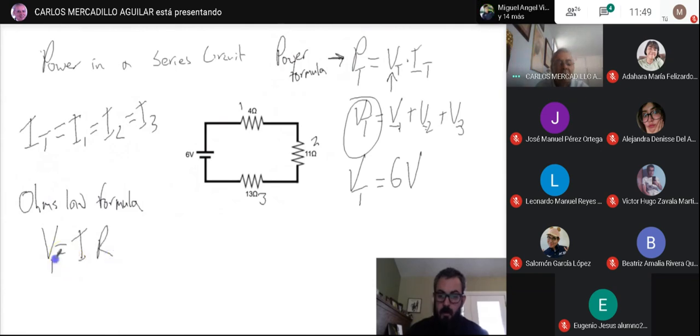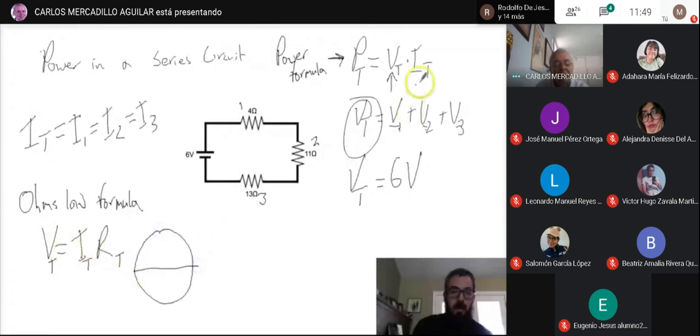And again, that applies to totals for the whole circuit as well. So using this and using our circle, we can get this I that we need over here to calculate the power total, right?